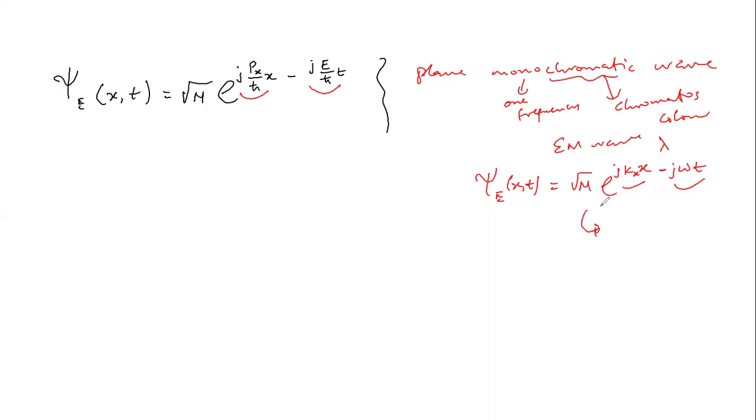The amplitude here is square root of n. That's the amplitude, okay? Now, in comparing this, we can now extract these parameters to form some mathematical basis, which Einstein was able to play with.